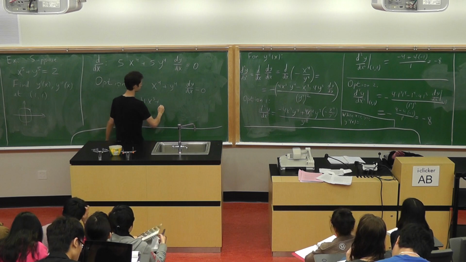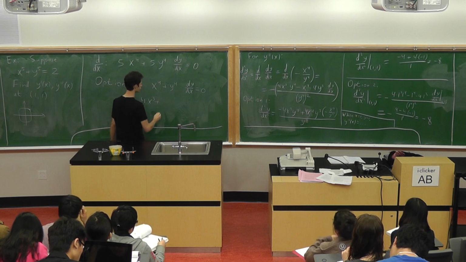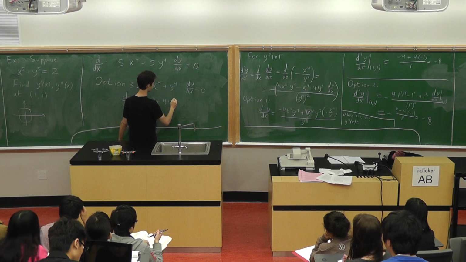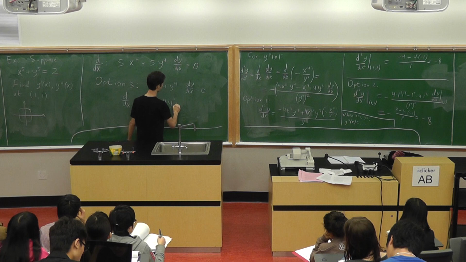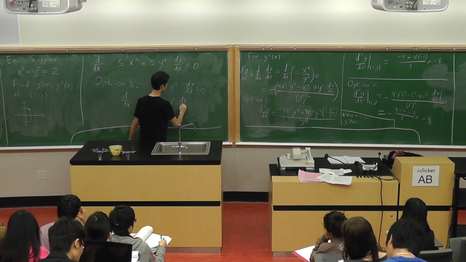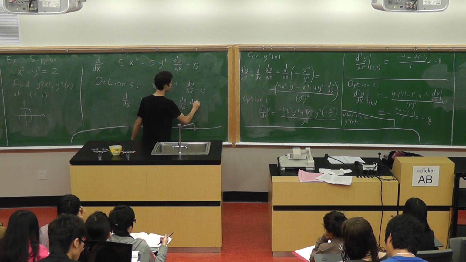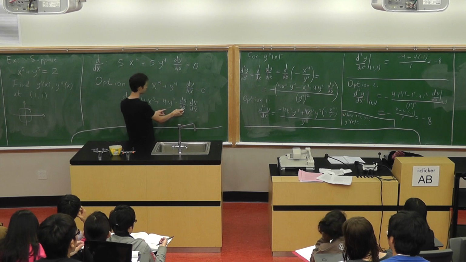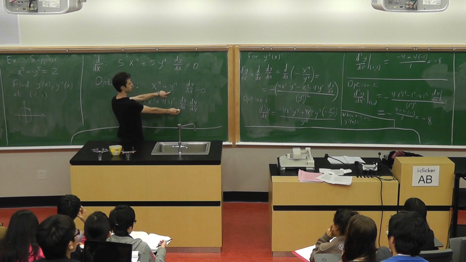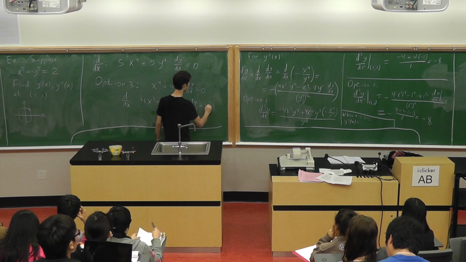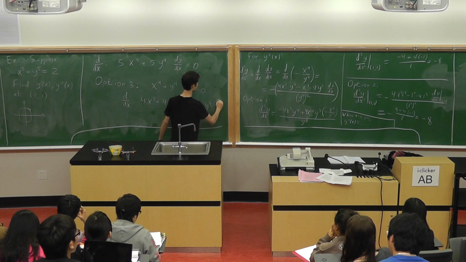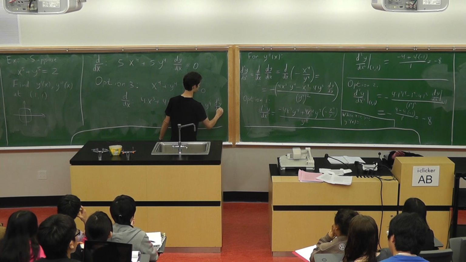x cubed plus, here you have a product, 4y cubed times dy by dx times another dy by dx. This one coming from the chain rule, differentiating this one, and this is that one, plus y to the fourth times the second derivative.